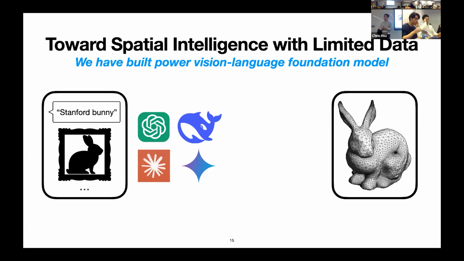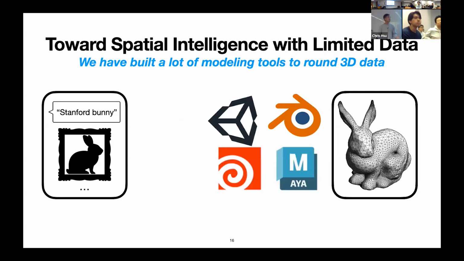Like GPT-4V and the new one that came out yesterday, Gemini, all of them are able to do a variety of tasks involving vision and language, but they are restricted to operating in the space of image and text tokens.